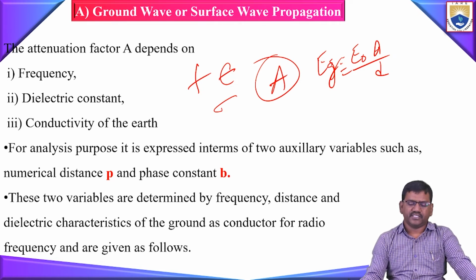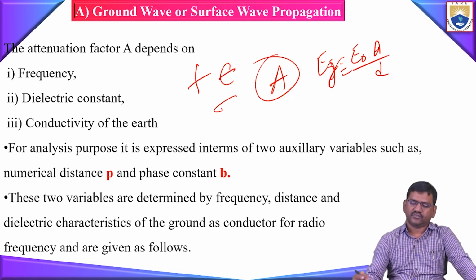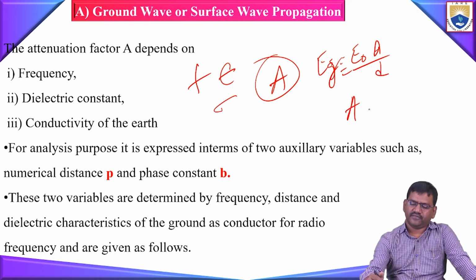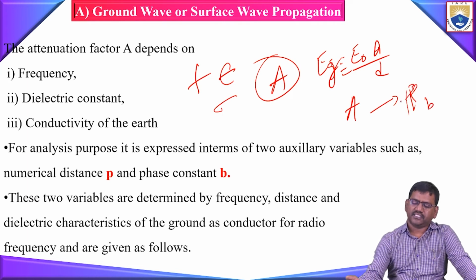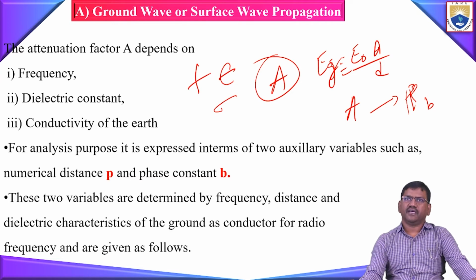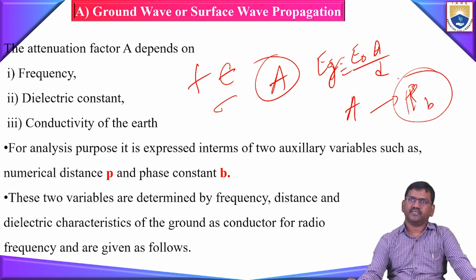For analytical purposes, it is expressed in terms of two auxiliary variables, the numerical distance p and the phase constant b. So we can represent A in terms of two auxiliary variables, small p and small b, which we define by some expressions.